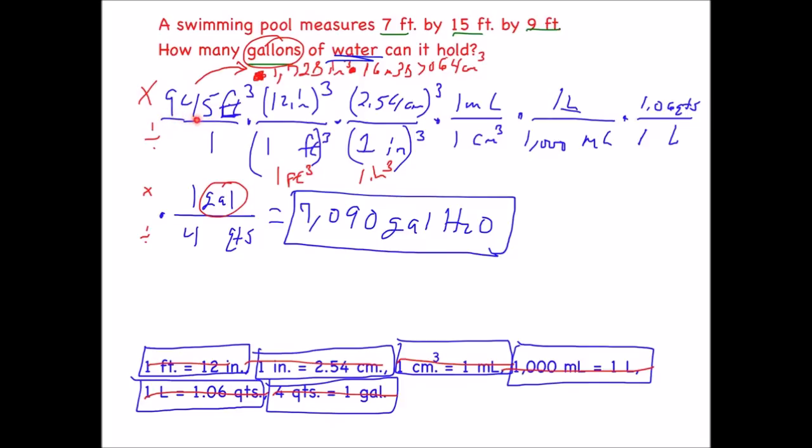So that's 1, 2, 3 significant digits. So over here, 709, that's our first 3 significant digits, because in the calculator number did have a decimal. The number that came after the 9 was not large enough. I think it was a 1. It's not large enough to round the 9 up, so it becomes a 0, and everything after it becomes a 0. So 7,090 gallons of water is how much that swimming pool can hold.